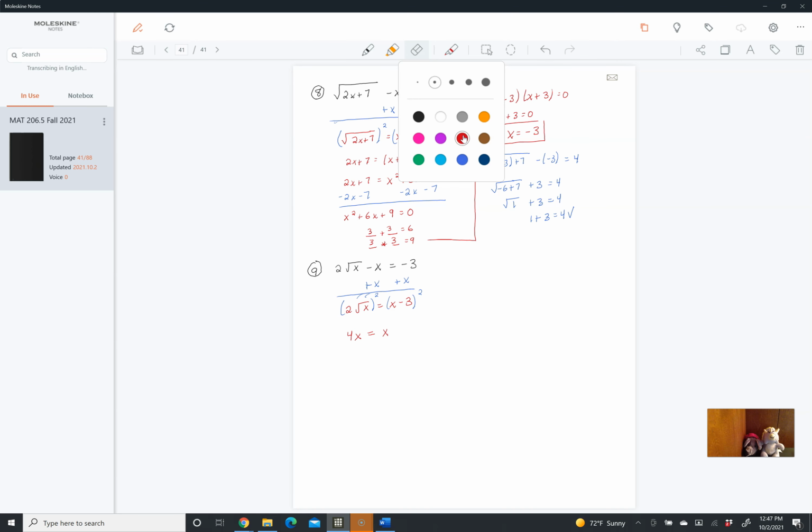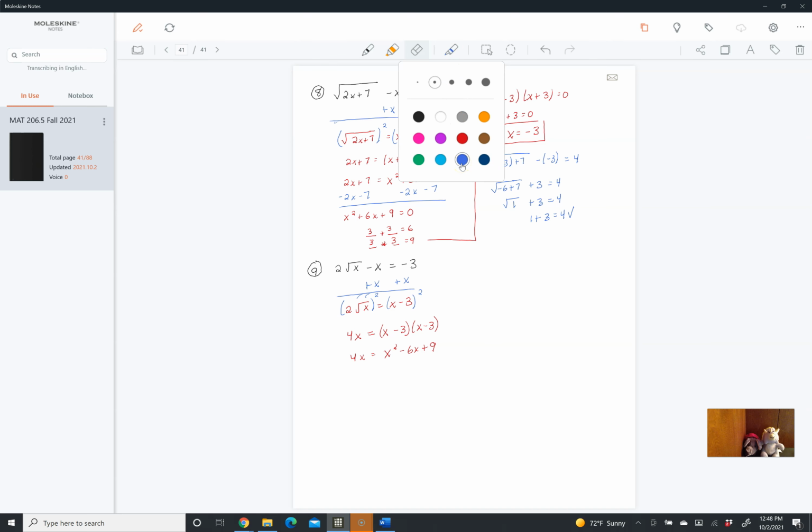So we get 4x equals x minus 3 times x minus 3. 4x equals x squared minus 6x plus 9. We set it equal to 0.